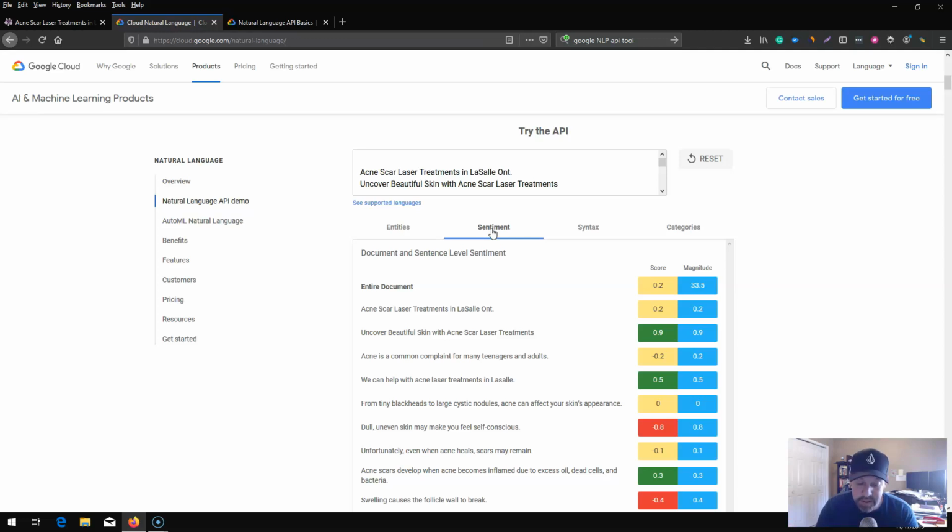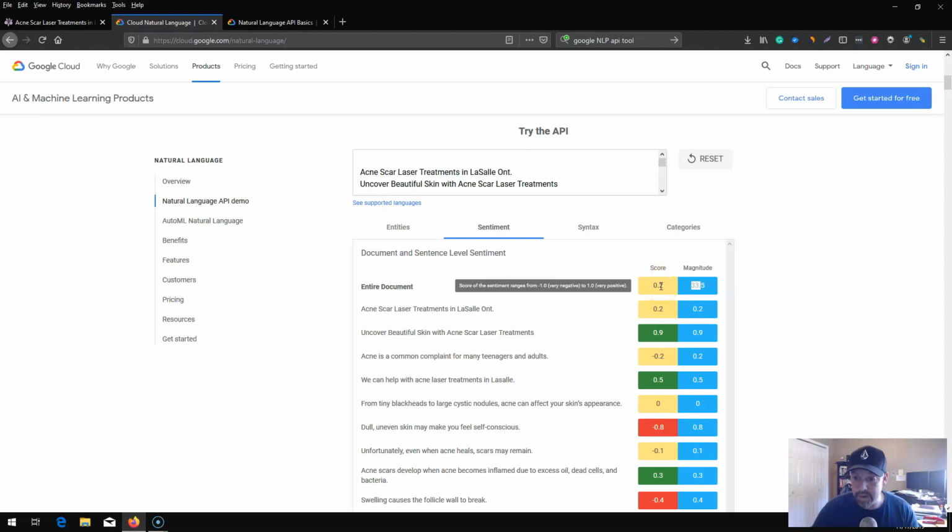So if it has a lot of negative connotations, you're going to have a negative score here, where -1 is the most negative and 1 is the most positive. On the second side of this metric, you have magnitude, and your magnitude is essentially how emotionally strong that overall sentiment is.